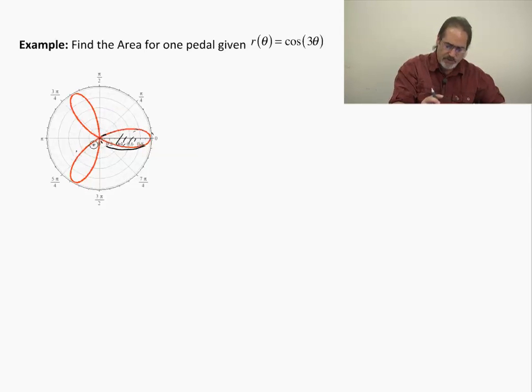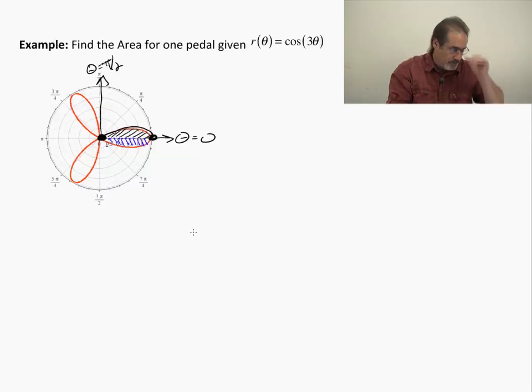So what I want to do is say, hey, look, if I go from here to here and find this area, then I can use symmetry to get that area. So that's exactly what I'm going to do. Now starting here, this is going to be theta equals 0. And when I come around to this point, this is actually theta equals pi over 2.